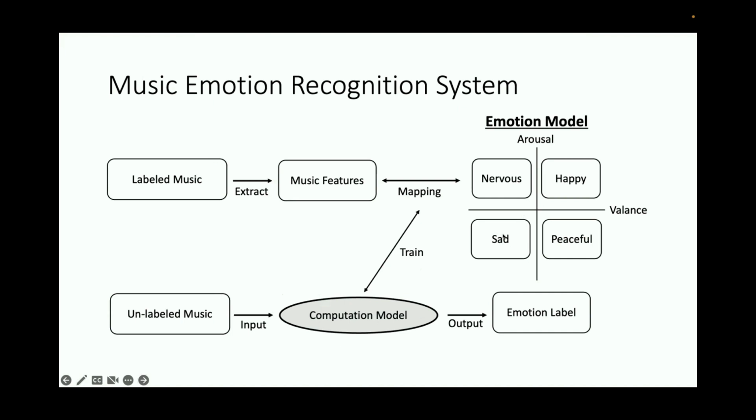The computational model takes the labeled music with its features and its corresponding emotion labels as input, and after that, it will produce the emotion label.